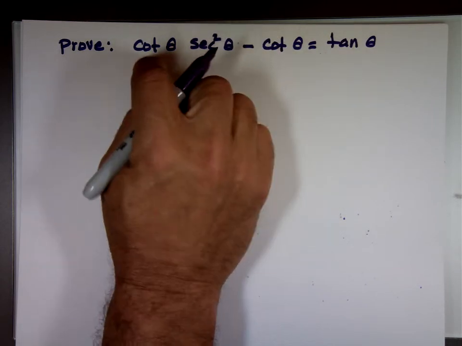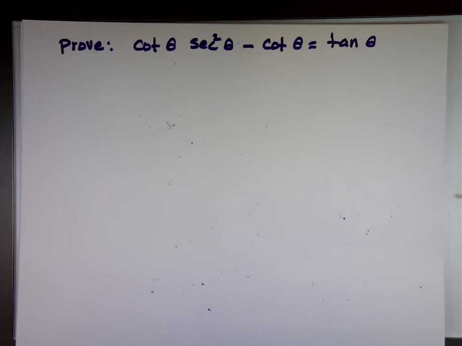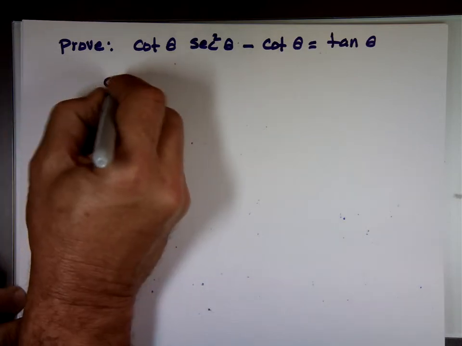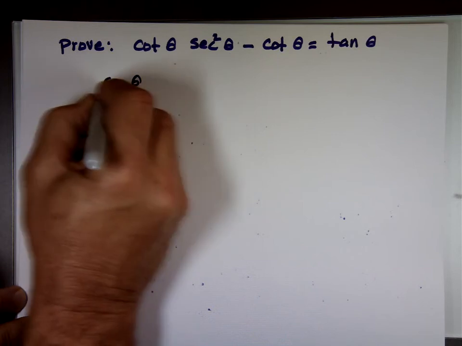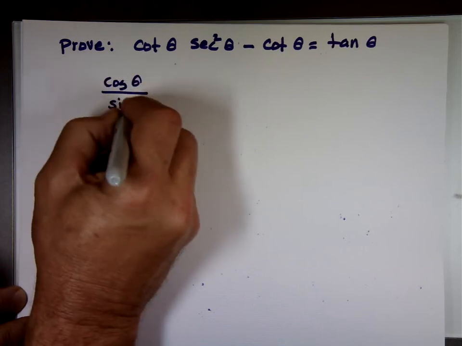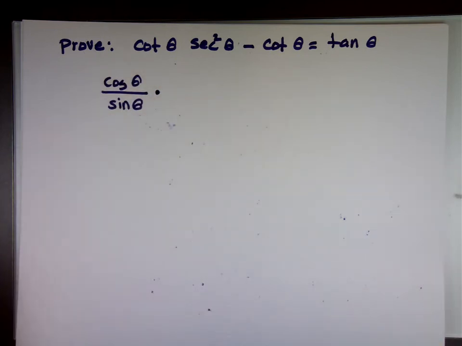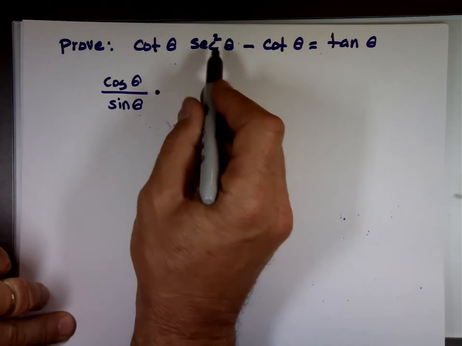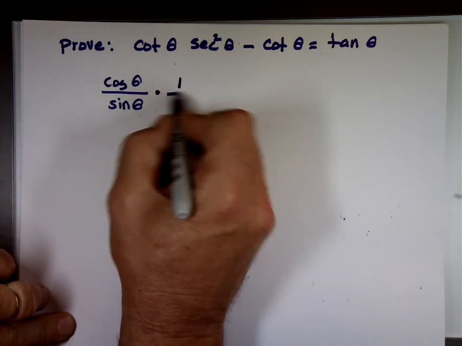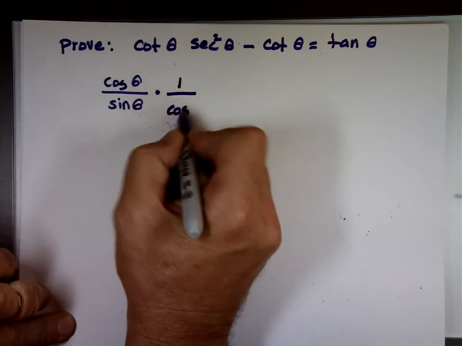Take the cotangent. What's the cotangent equal to on the board? Cosine over sine. Times secant, 1 over cosine, but that's a squared. 1 over cosine squared theta.